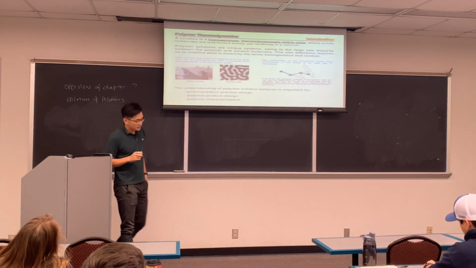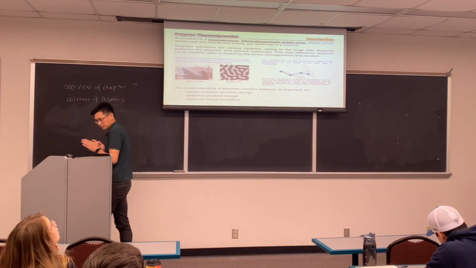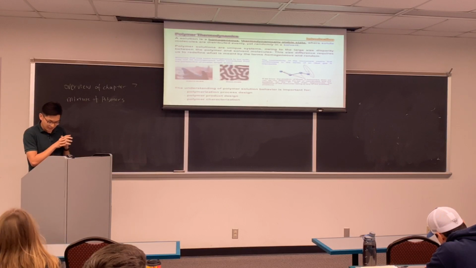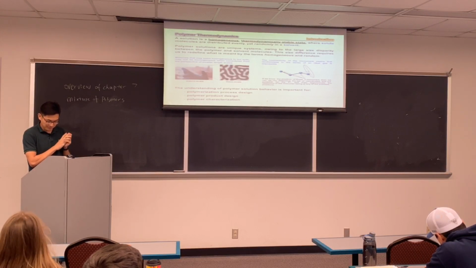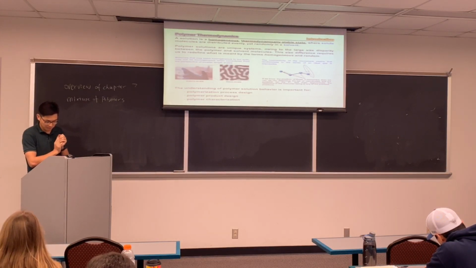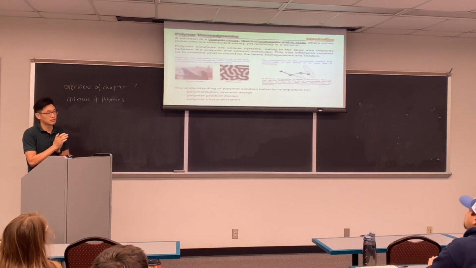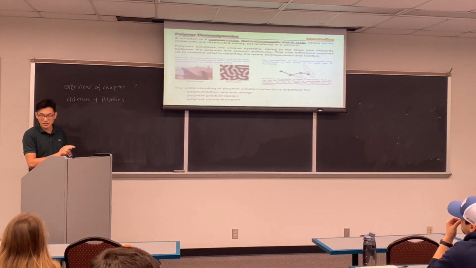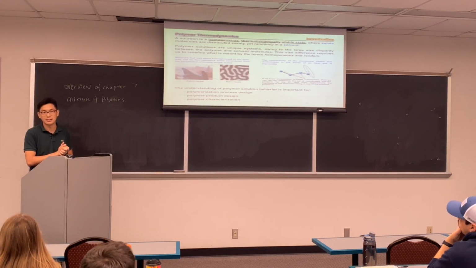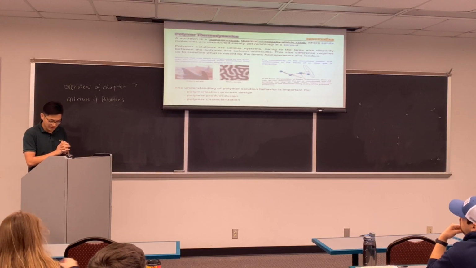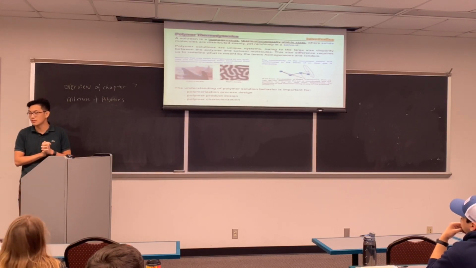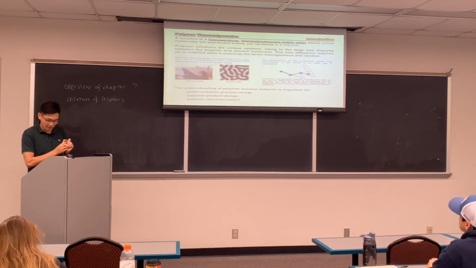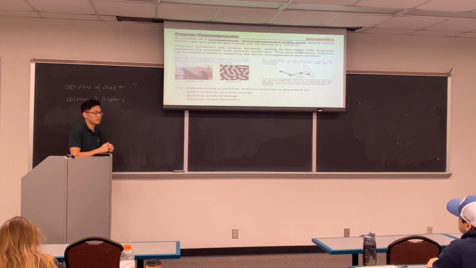So what we're going to start with is polymer thermodynamics. We want to talk about what specifically we mean by thermodynamics. First, solution. If we talk about a polymer in a solution, it's usually homogeneous. You have a polymer chain dissolving in a good solvent, and you typically have a thermodynamically stable solution.